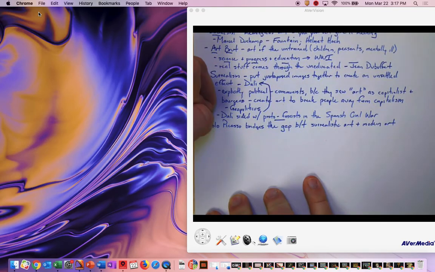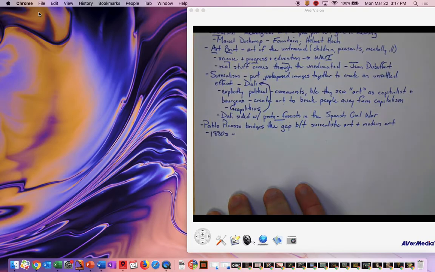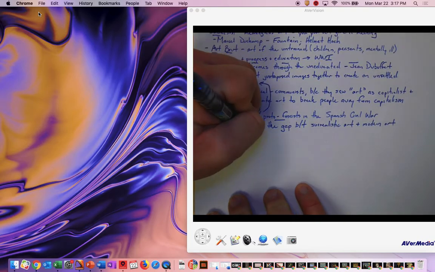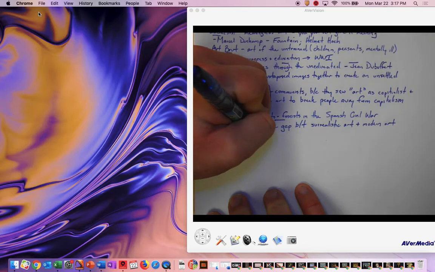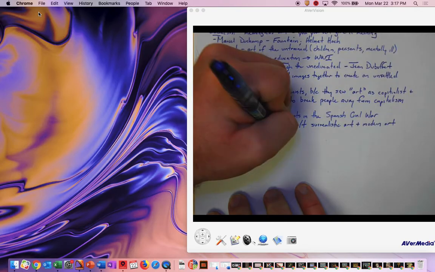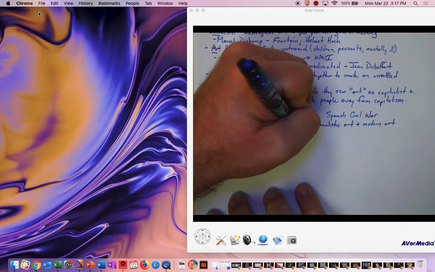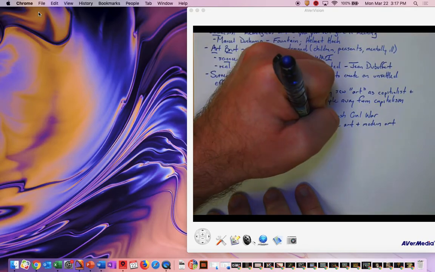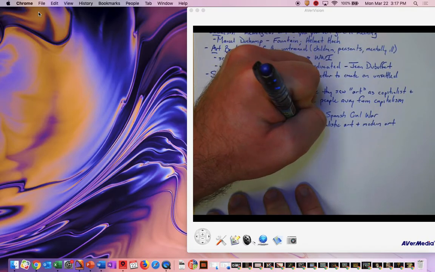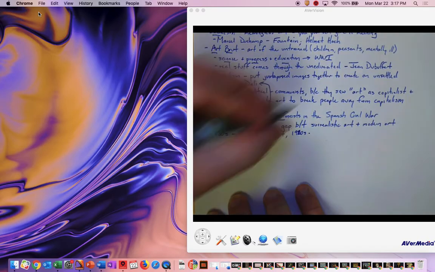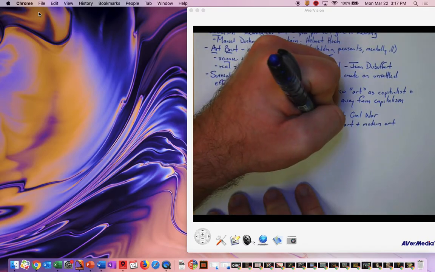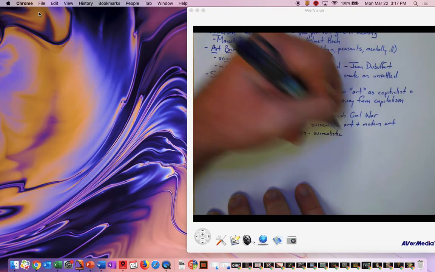So he started painting in the 1880s, doing like neoclassical art. And then in the 1900s, or we'll call it the 1920s, he starts painting surrealistic stuff.